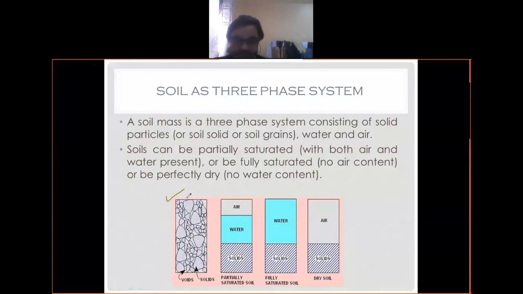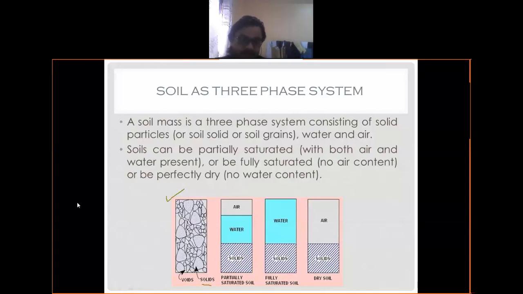Here you can see different border lines, isn't it? Different blocks of irregular shape. Some are small, some are tiny, some are larger, having different shape and size. So what do these blocks represent? Soil solid. Here you can see written soil solid.